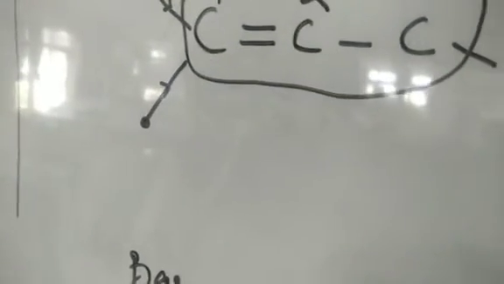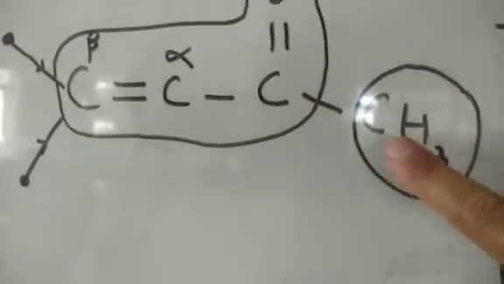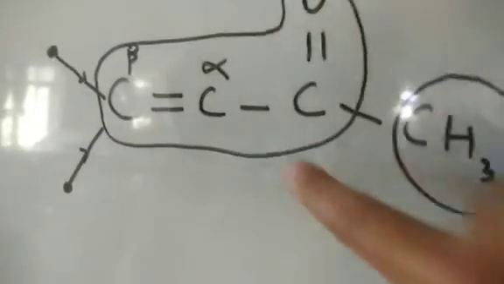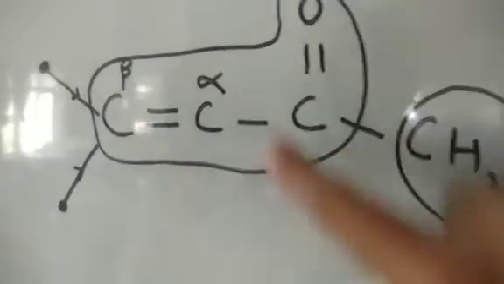Likewise, sometimes we can have a hydroxyl group here, like a carboxylic acid. If you have H, that means we have an aldehyde function. If you have alkyl or methyl, that means we have an alpha beta unsaturated ketone.